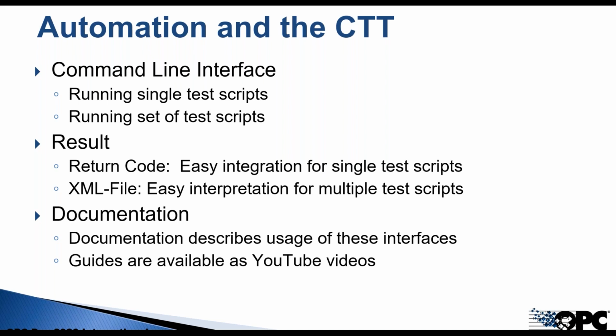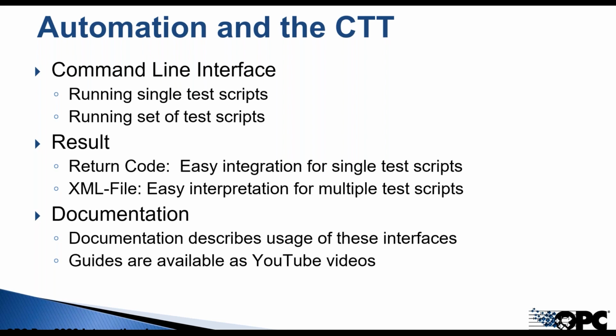The CTT comes with a command line interface, which allows you to run single test scripts or a bigger set of test scripts. And with doing that, you can integrate that into your build system. And if a developer checks in a fix and you do a build overnight, you can automatically test with the CTT whether your product is still behaving correctly or the fix actually broke something else.